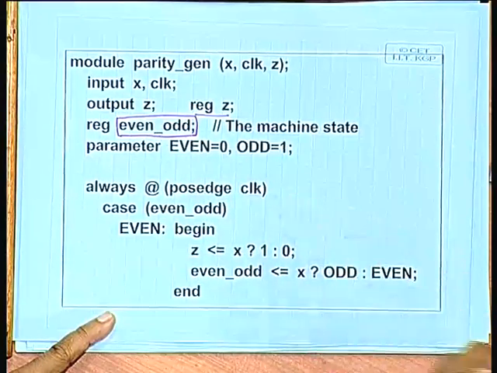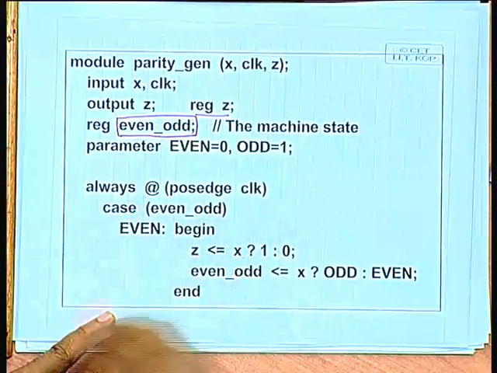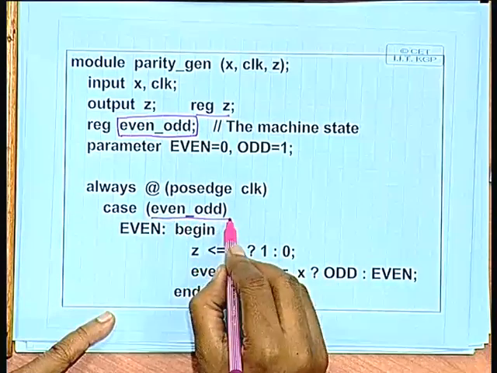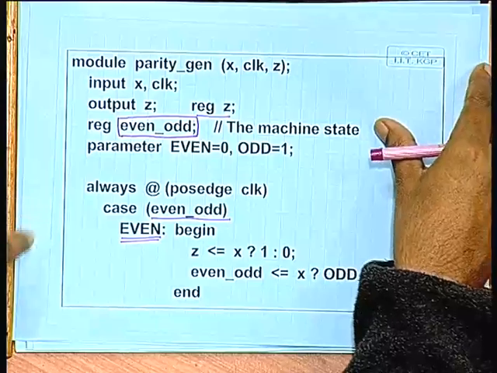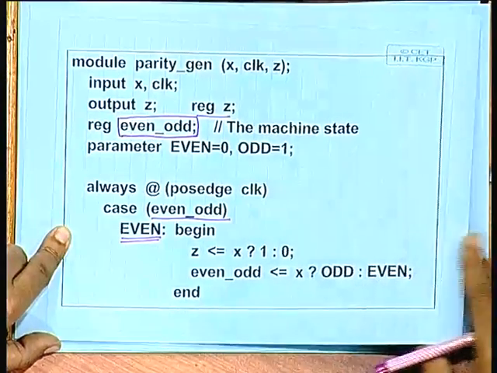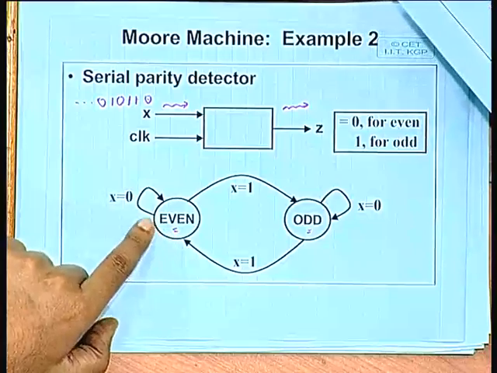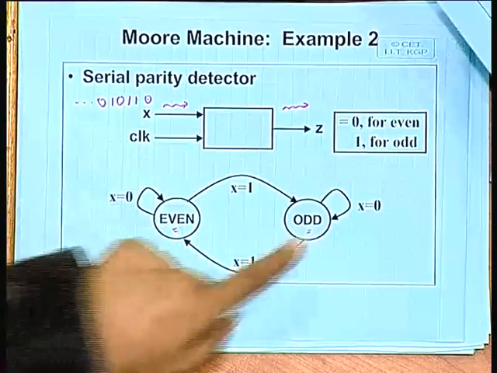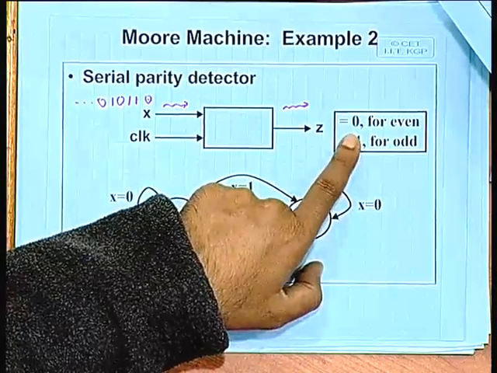Now, let us see what we do. Whenever there is a clock, we are checking the state and doing accordingly, case even odd. If this state is even, then you again come back to the previous diagram. If this state is even, then if the input 0 comes, we will remain in the same state and also the output will be 0, because even means output is 0.